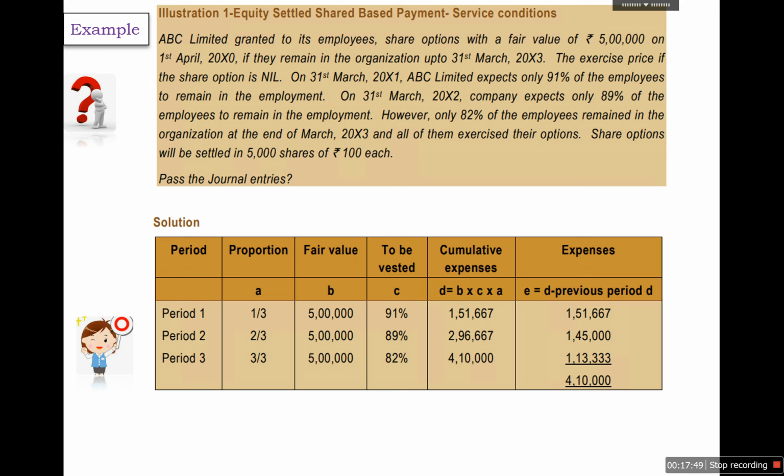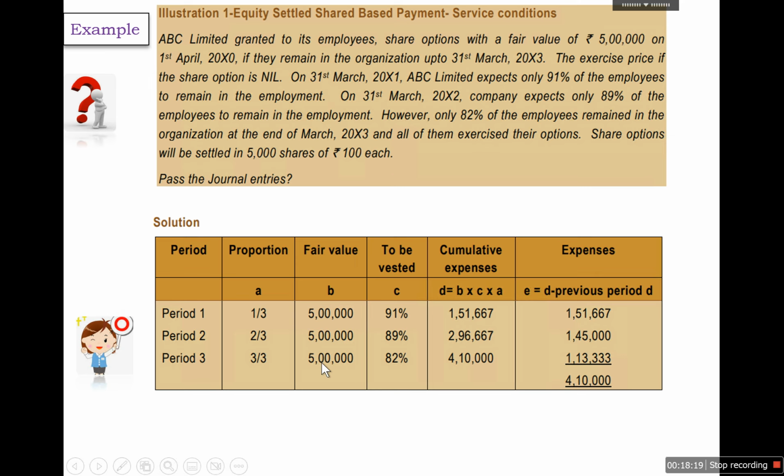So proportionately we need to book the expenses in all 3 years, 1 by 3, 2 by 3 and 3 by 3, subject to the probability. So 5 lakhs into 91% into 1 by 3 will be 1,51,667. In the second year it will be 2,96,667, out of which 1,51,667 we have already booked. So the remaining amount of 1,45,000 we will book in the second year.